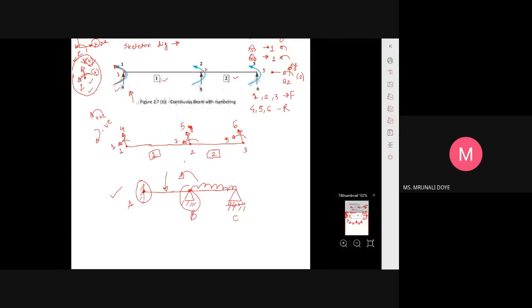So theta B. Now at C, it is again roller support. In which direction is the rotation possible? Again in Z direction. That is theta C. So the degree of freedom is only 2. So joint displacement is 2 only.